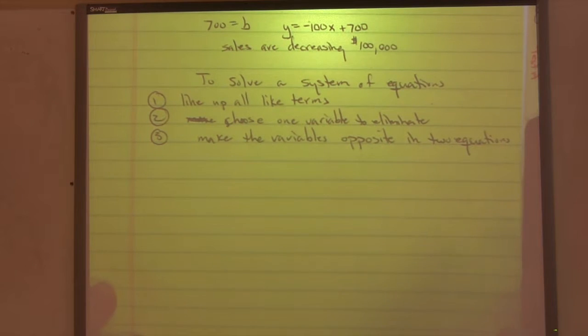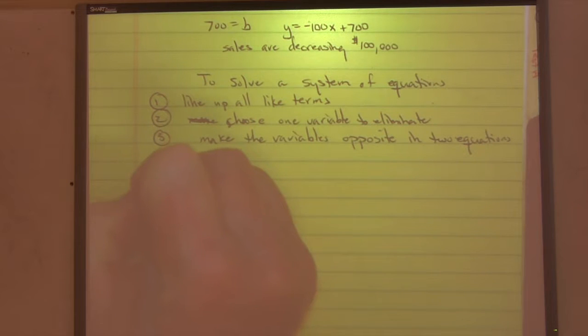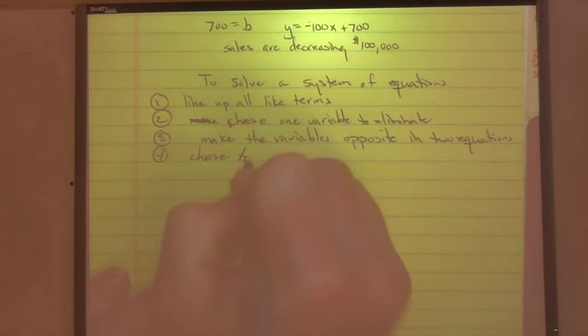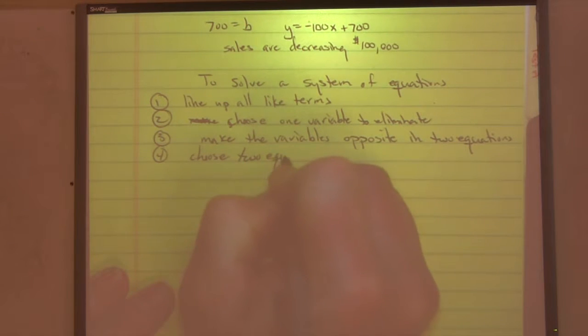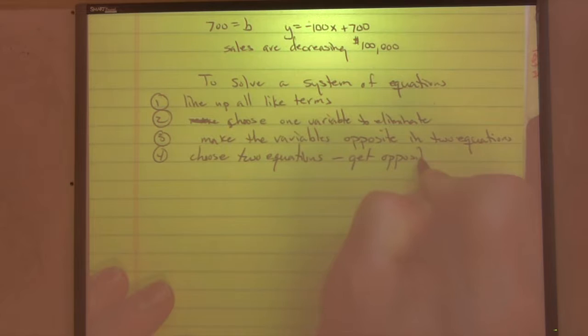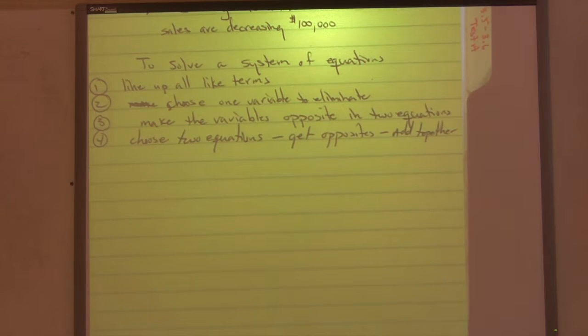And so then once I have it where I have opposites, so we're going to choose two equations, get opposites, add together. Because if I take opposites and I add them together, they'll eliminate that variable.